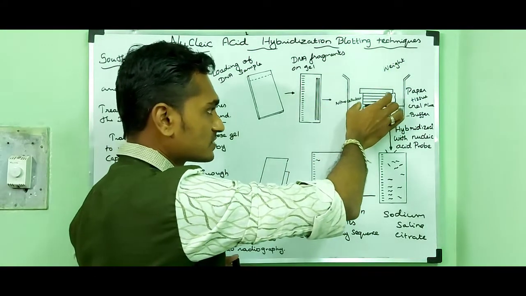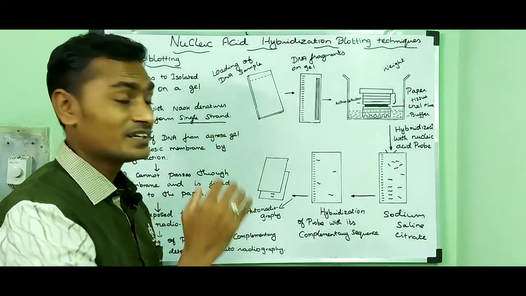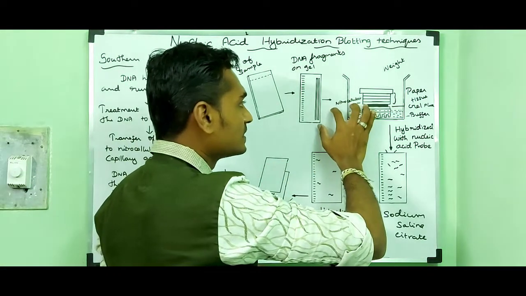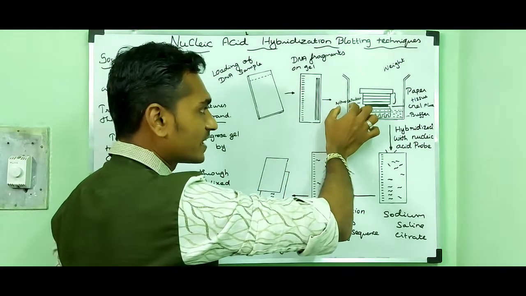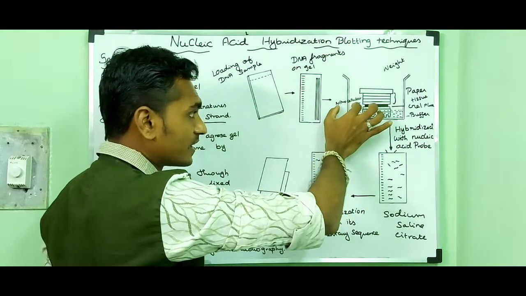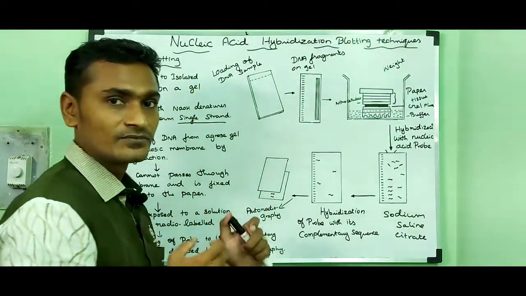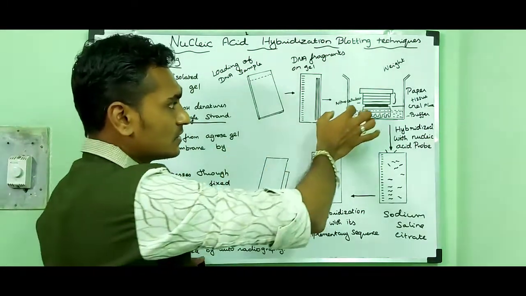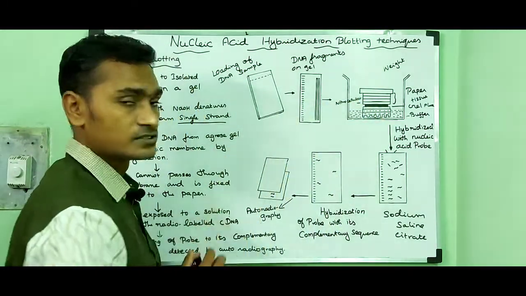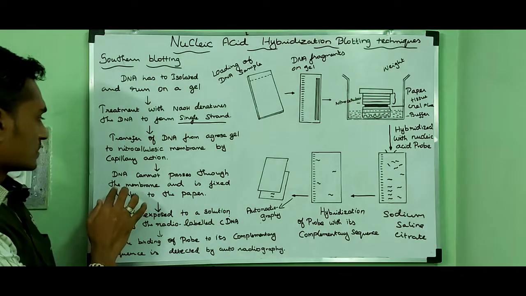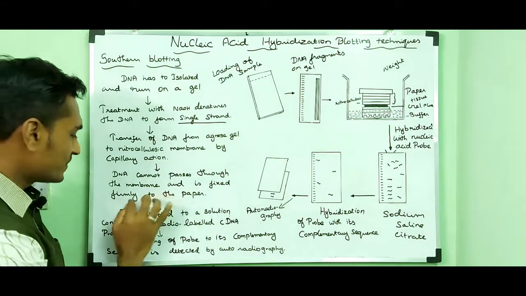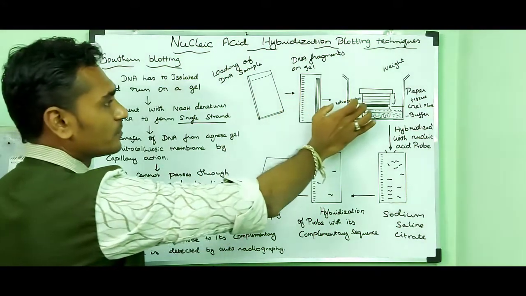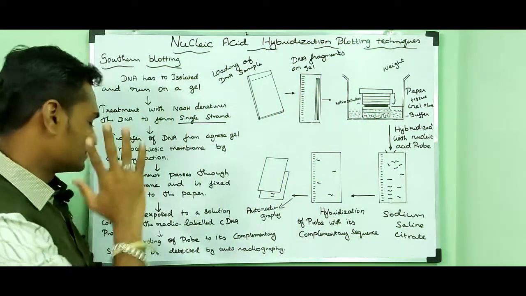The solution reaches the top, but the DNA fragments are trapped by the nitrocellulosic membrane. They are firmly stopped by the membrane. So the DNA cannot pass through the membrane, and it is fixed firmly to the nitrocellulosic membrane.